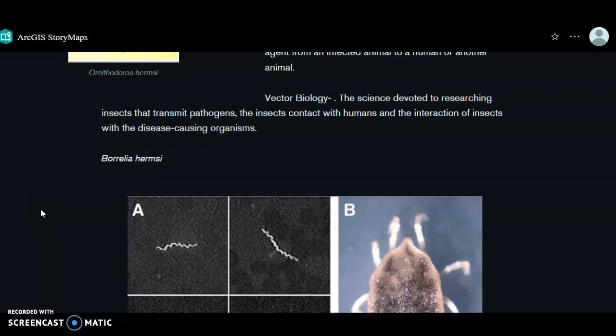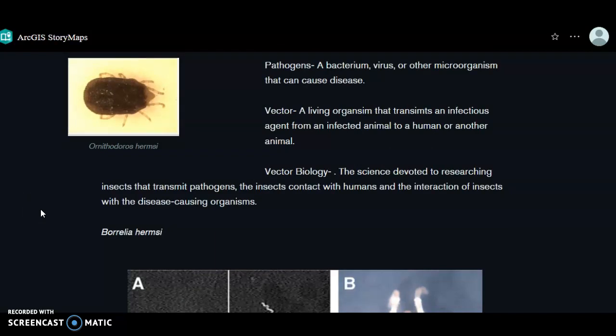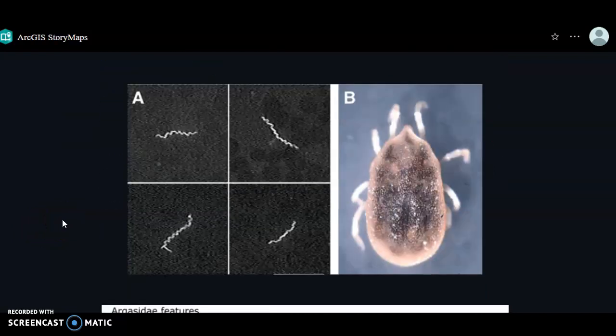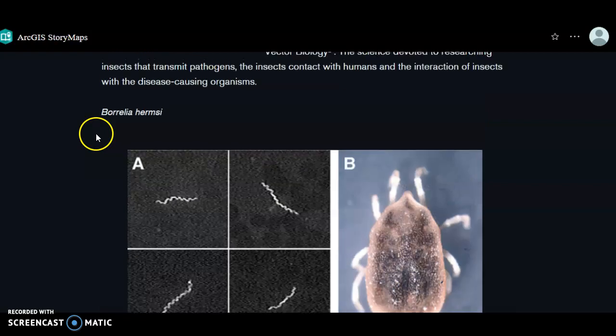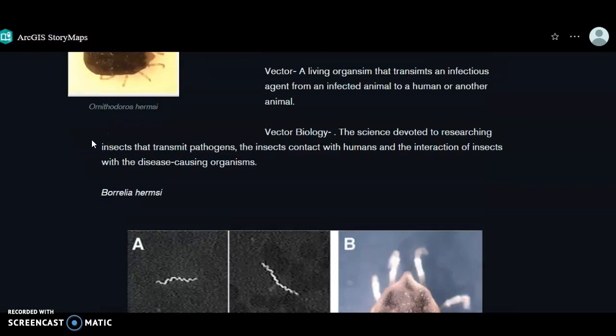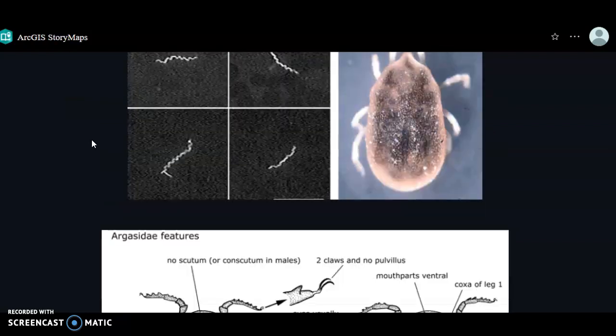The bacterium, or the pathogen, that we're talking about today is Borrelia hermsi. It's going to be this squirrely little line. That is the pathogen that makes us sick.